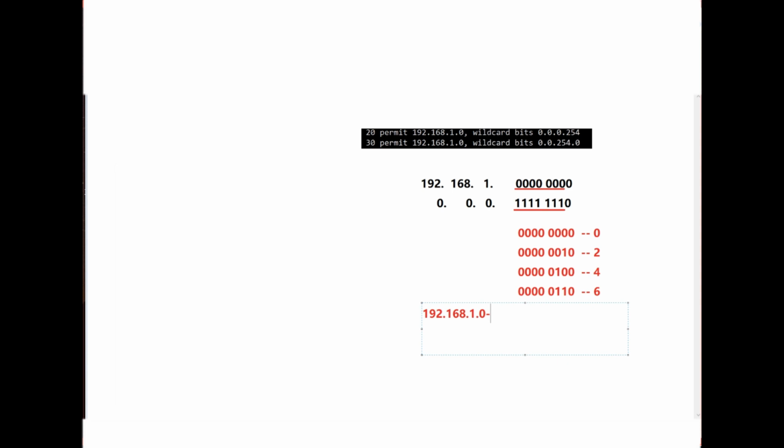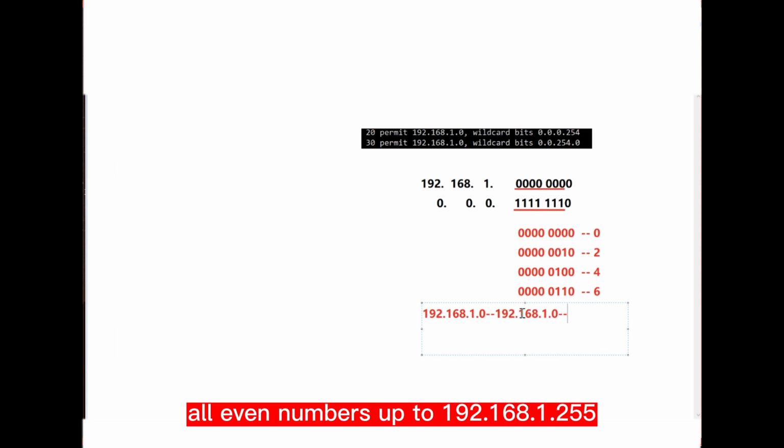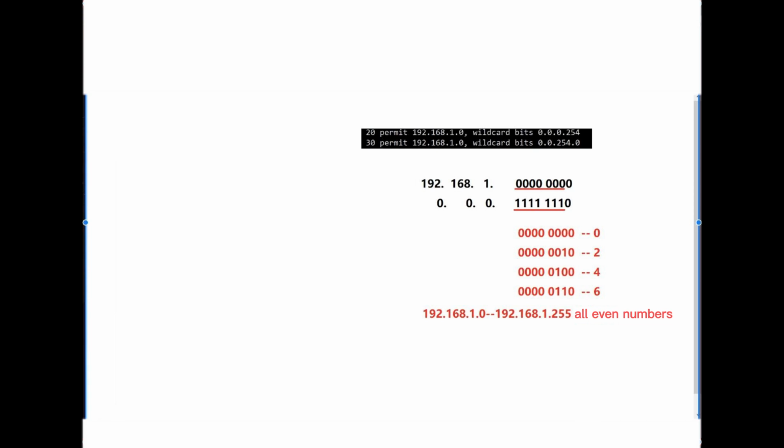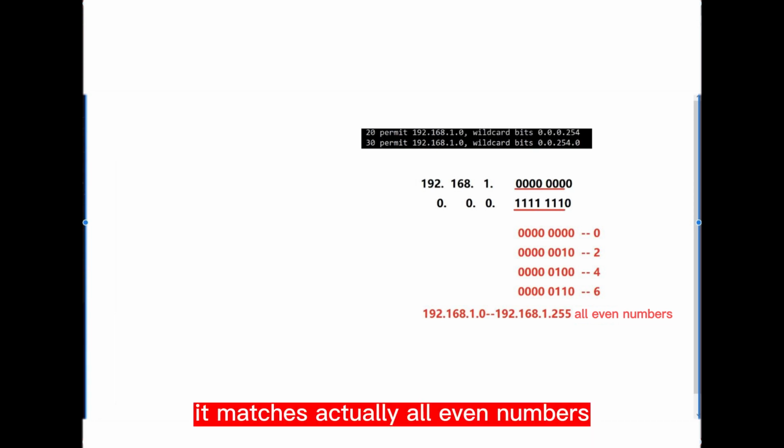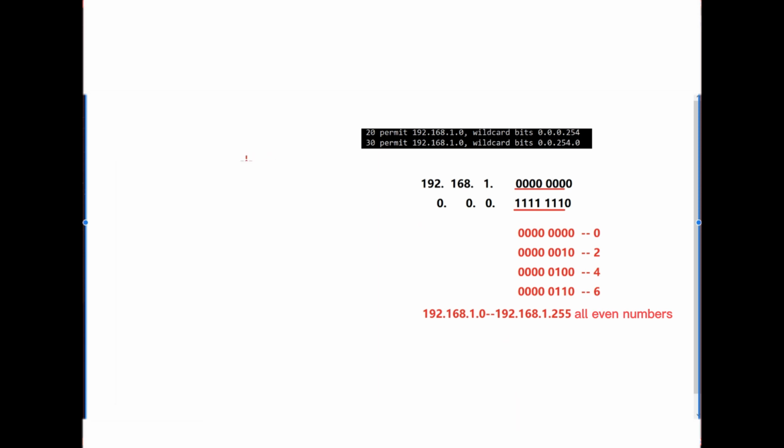So if you write the wildcard like this, what it actually matches is every even number from 192.168.1.0 up to 192.168.1.255. For the entire 8-bit binary, the place values are 128, 64, 32, 16, 8, 4, 2, 1.